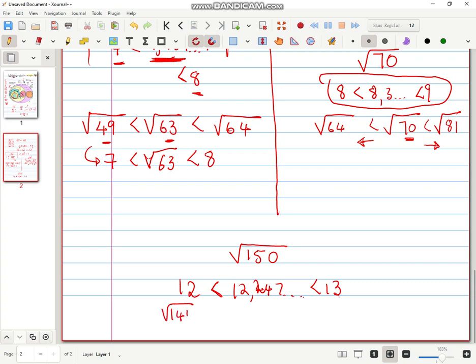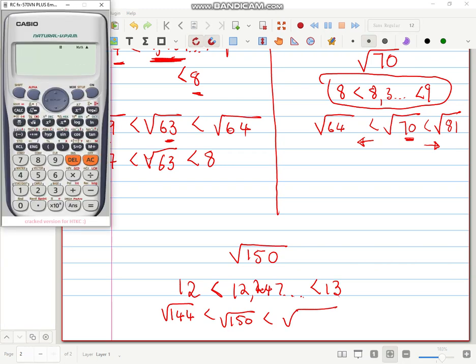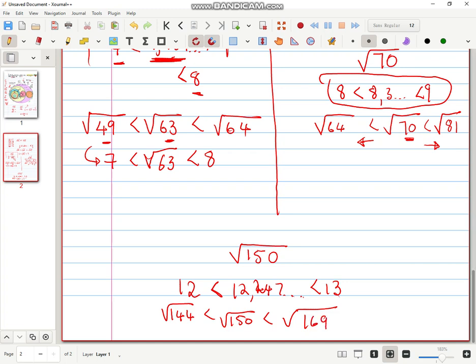So that means square root of 144 is less than square root of 150 is less than square root of, what is 13 by 13? I think it's 169. 13 times 13 equals, yes, it's 169. So you're gonna say, okay, 12 is less than square root of 150 is less than 13. Just like that. Always remember your numbers that your consecutive integers lie between.